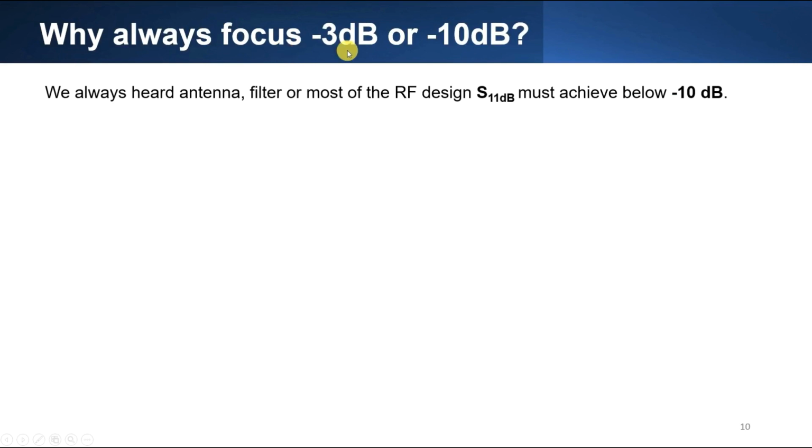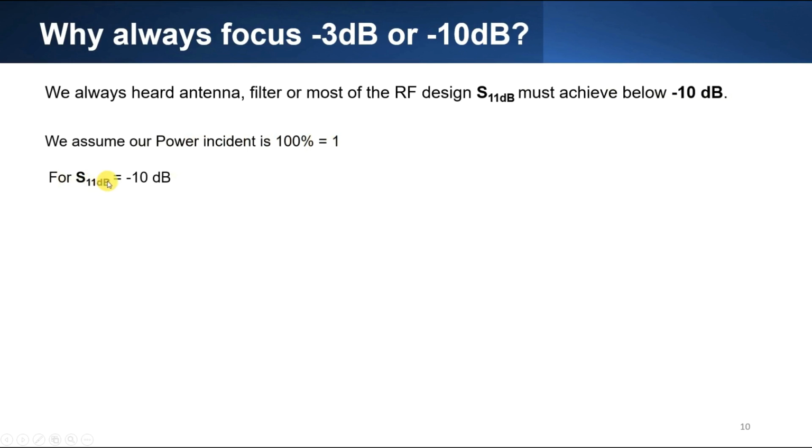Why always focus on negative 3 dB or negative 10 dB? We always hear that for antennas, filters, and most RF designs, S11 must achieve below negative 10 dB. Okay, so why is it always focused on negative 10 dB? Let's say we assume our power incident is 100%, equal to 1 when we divide by 100.